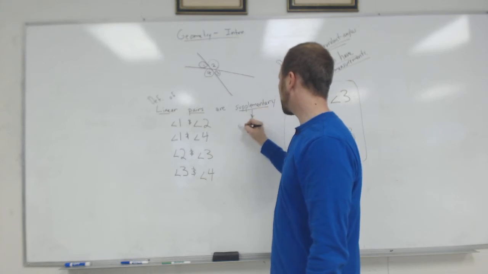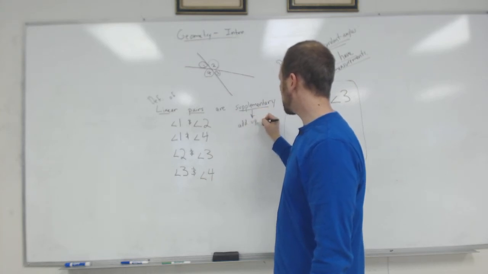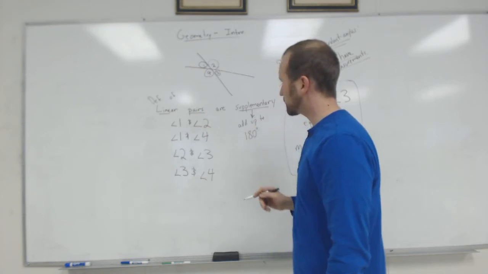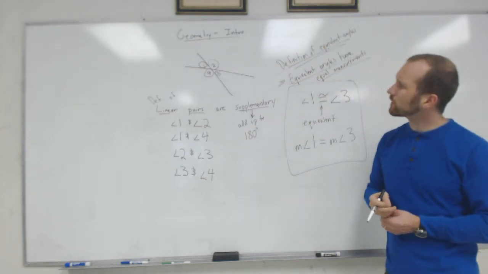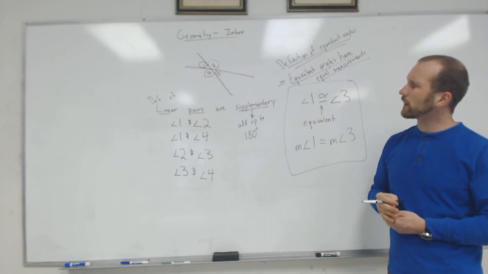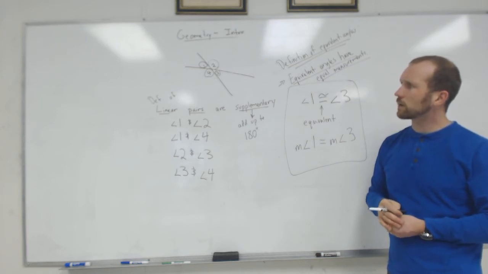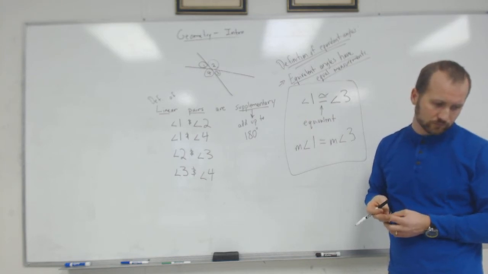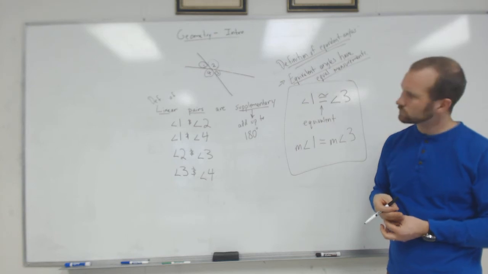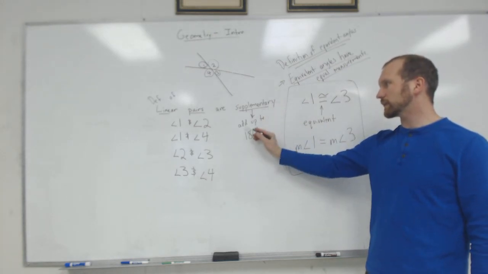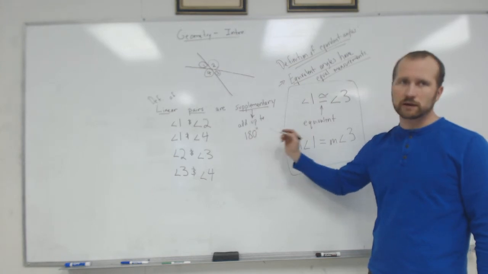Supplementary means they add up to 180 degrees. So linear pairs are supplementary. What supplementary means is that the measurements add up to 180 degrees.